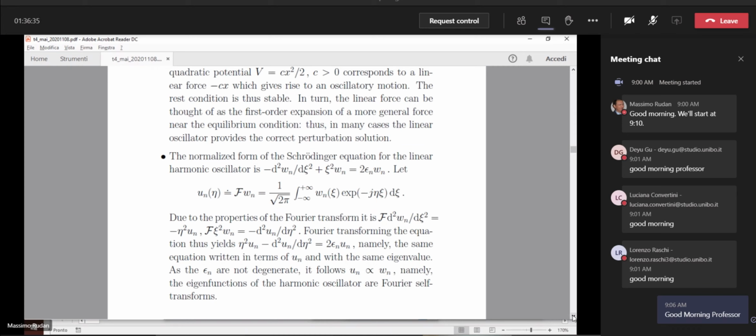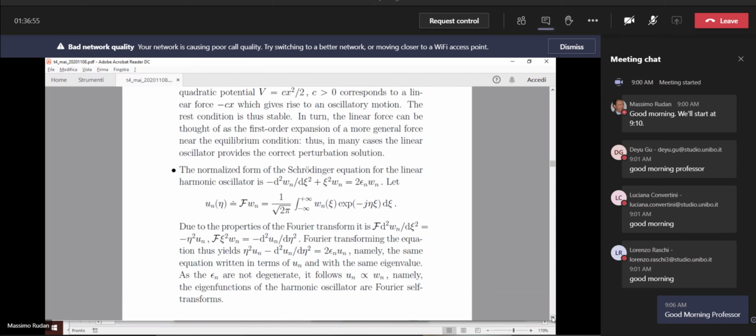Then you remember that the transform of the derivative is just j times eta times the Fourier transform itself. And the transform of the second derivative is minus eta squared times the transform. Okay.